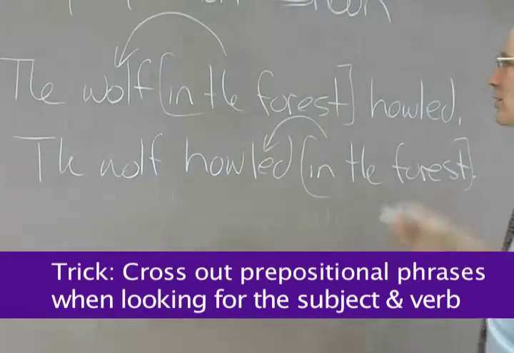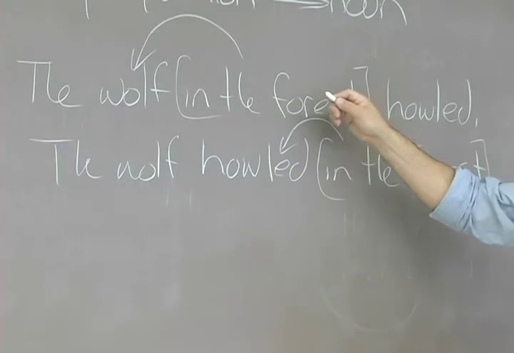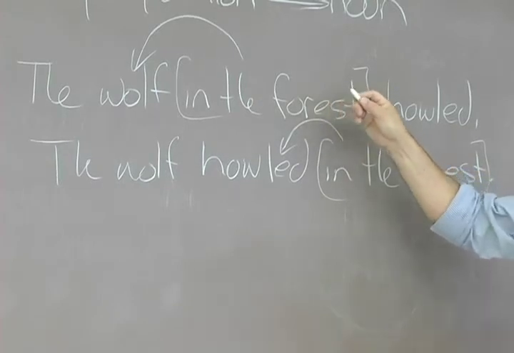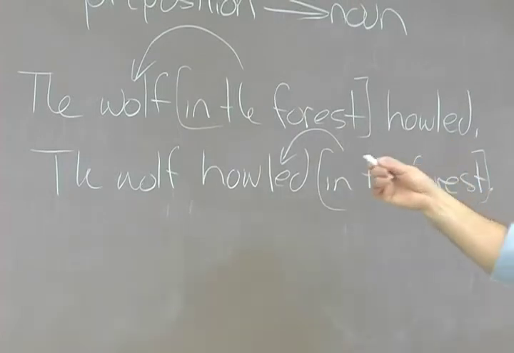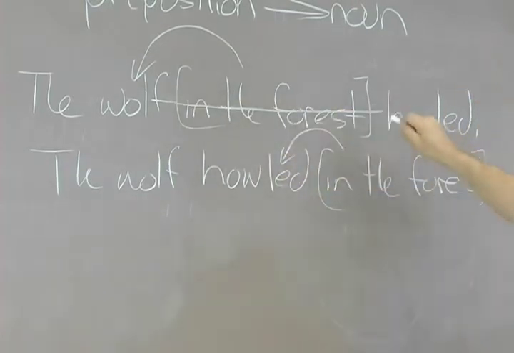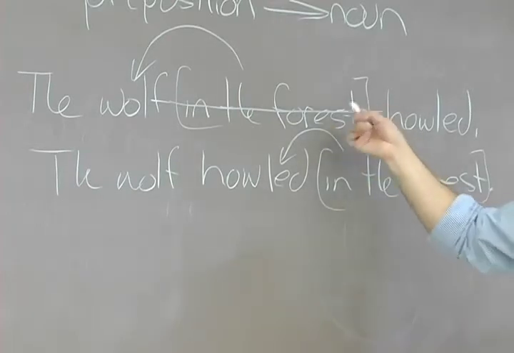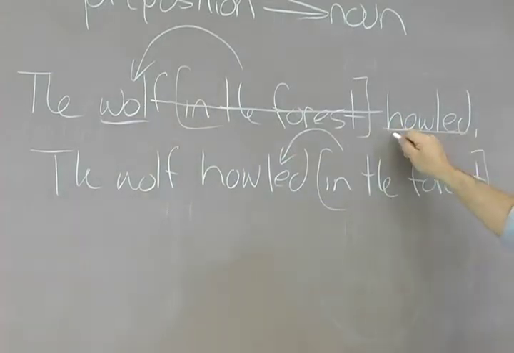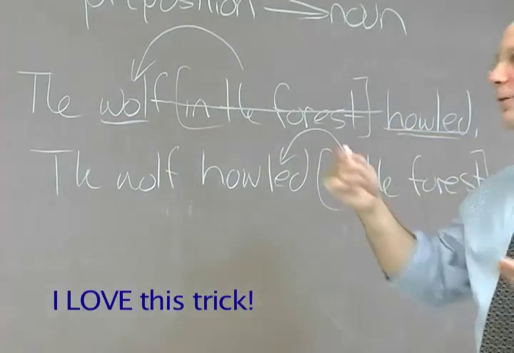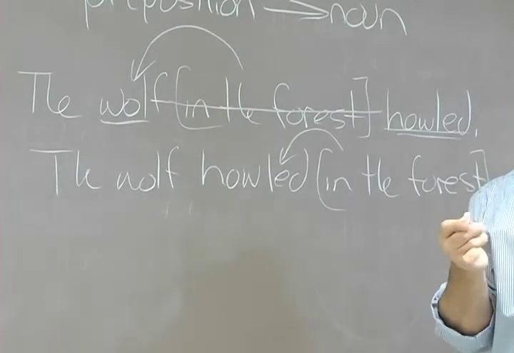In this sentence, if I didn't automatically know that wolf was the subject, if I were tempted to say that forest was the subject, I could look at how the sentence is constructed and say, wait a minute, forest is in a prepositional phrase. I can cross that out. That can't be the subject or verb. It can't be anywhere in there. The subject is wolf. The verb is howled. For this sentence, you probably don't need the trick. But consider this sentence.